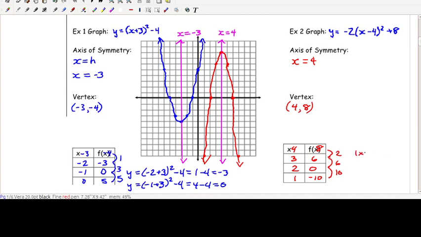So this is 1 times 2, this is 3 times 2, and this is 5 times 2, because my a value was 2. So it takes my 1, 3, 5 rule and multiplies by a in order to find what my new pattern is. So this would be 1 over, instead of 1 down, it's going to be 2 down. 1 over, instead of 3 down, times 2 is 6 down. 1 over, instead of 5 down, it's going to be 10 down, and we're practically off the graph.